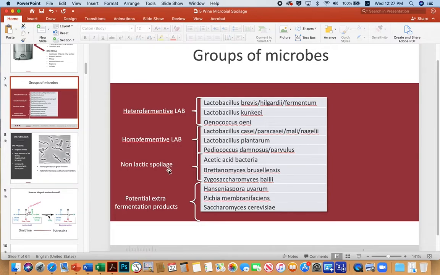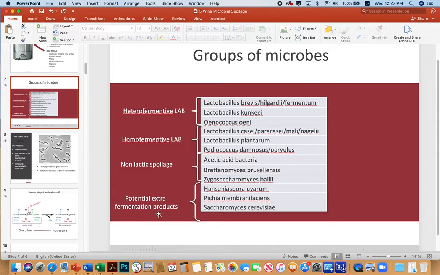And then there's the non-lactics, like the acetic acid bacteria, for example, that obviously make acetic acid, and Brux will make the 4EP and 4EG that I talked about, and isovaleric, and Zygosaccharomyces as well, which I'll talk a little bit more about. These guys at the bottom produce potential extra fermentation products, Hanseniaspora and Pichia.